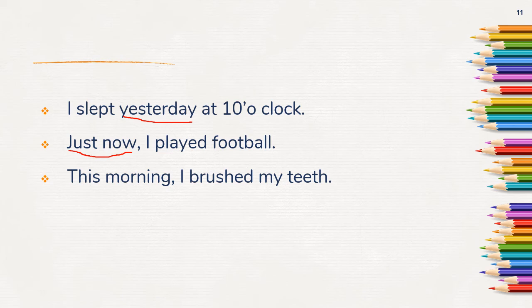This morning I brushed my teeth. So can you tell me what is the key word here? This morning. Well done. So the word this morning tells you that this sentence is talking about something that has happened in the past.